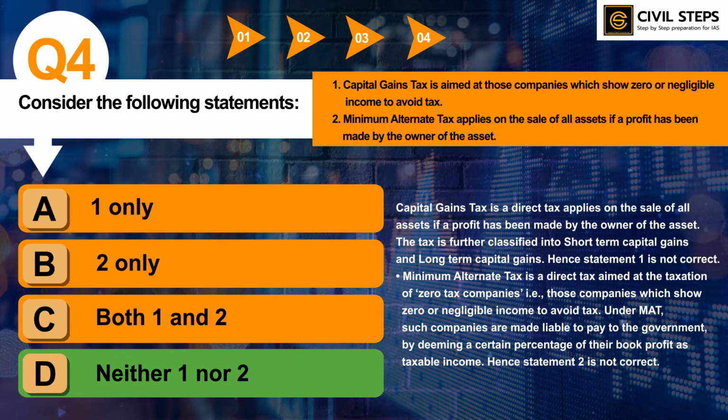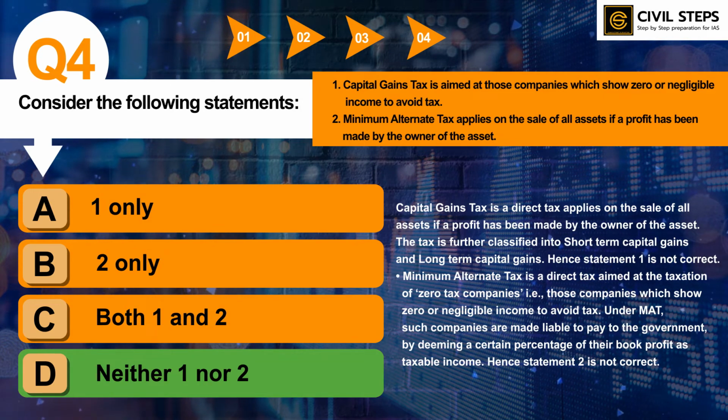So capital gains tax is a direct tax, applies on the sale of all assets if a profit has been made by the owner of the asset. The tax is further classified into short-term capital gains and long-term capital gains. Hence, statement 1 is not correct.